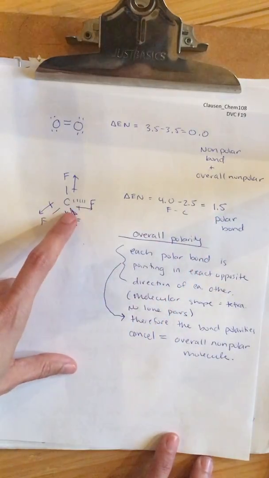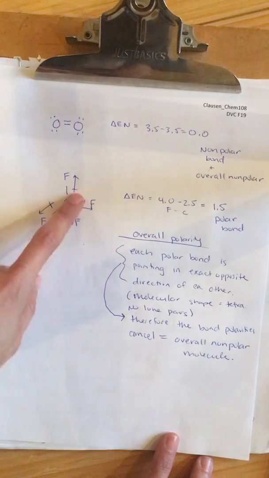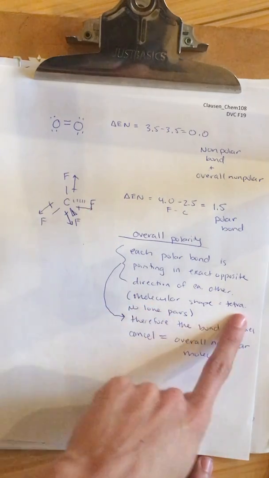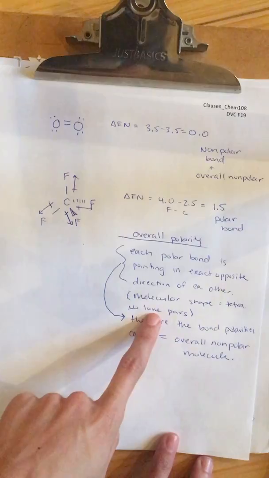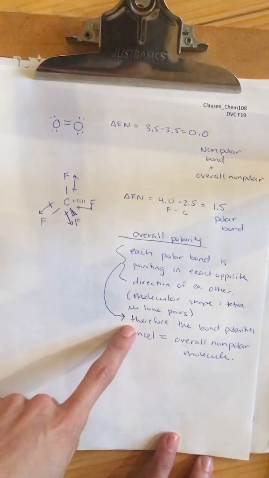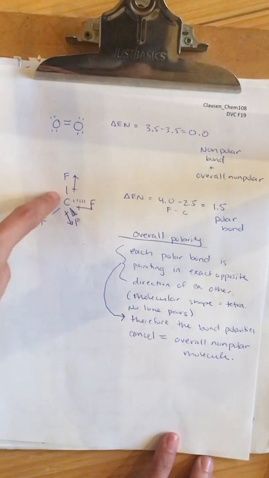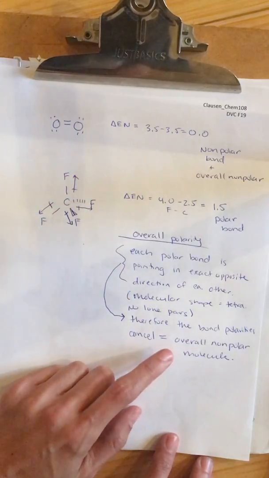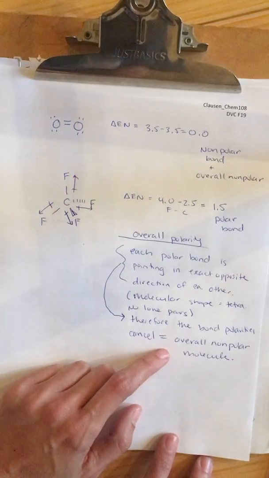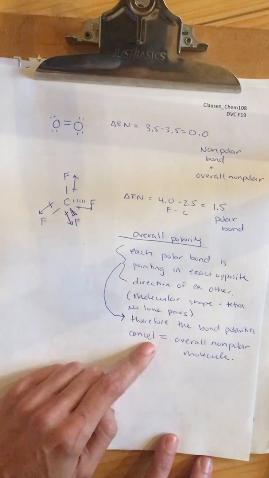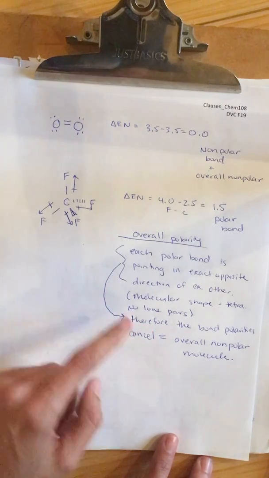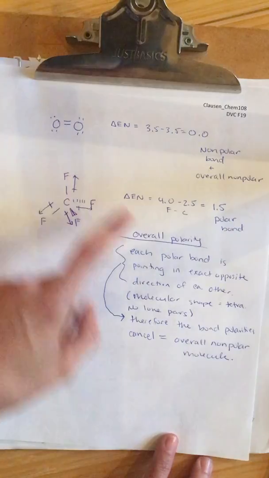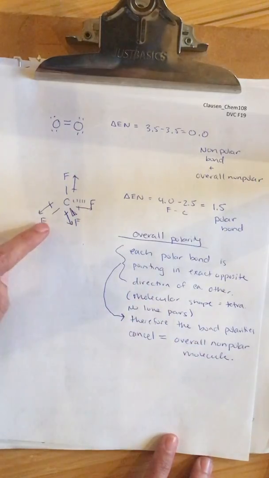But because the molecular shape is tetrahedral, because there are no lone pairs, the bond polarities going out towards the fluorines are all going in exactly opposite directions, which means that they cancel out. So the overall polarity of this whole molecule is nonpolar, despite the fact that it has polar bonds.